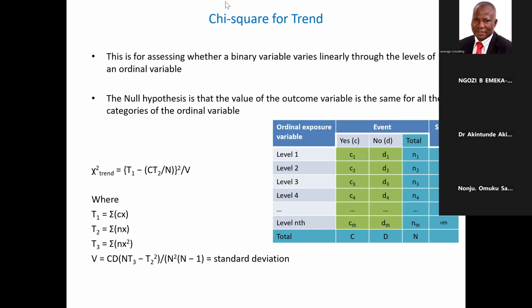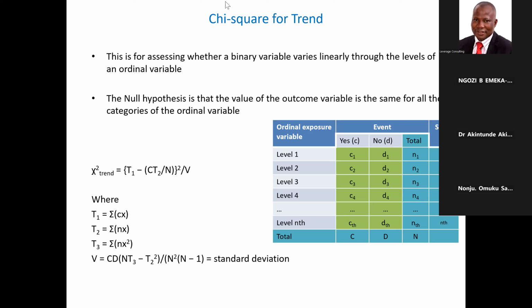So this chi-square for trend is used to assess whether a binary variable varies linearly through the levels of an ordinal variable. It's very simple. If you look at the table, this one is more like a mathematical table.